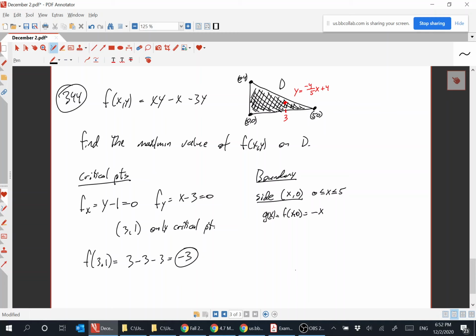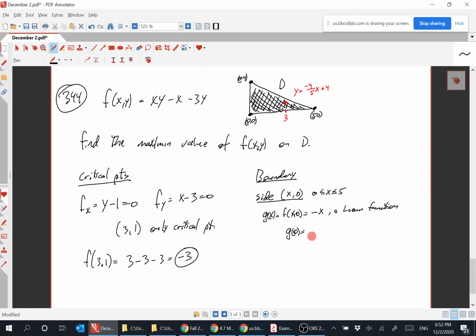Now what about lines? Where's the max and min value of a line? There's no critical point for a line, right? Because the derivative is always non-zero for a line. So the max and min values are just at the endpoints. So this is a linear function. I think they're all going to be linear. We'll see.